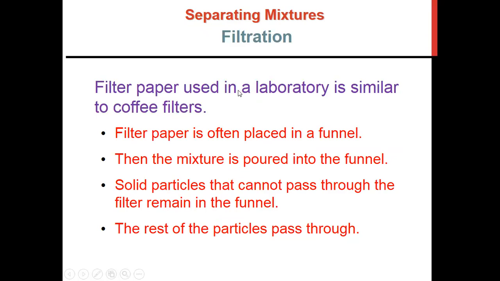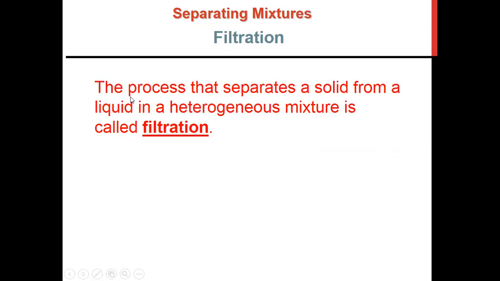Also, the filtration paper used in a laboratory is similar to a coffee filter. Filter paper is often placed in a funnel, then the mixture is poured. Solid particles that cannot pass through the filter remain in the funnel. The rest of the particles pass through. The process that separates a solid from a liquid in a heterogeneous mixture is called filtration.